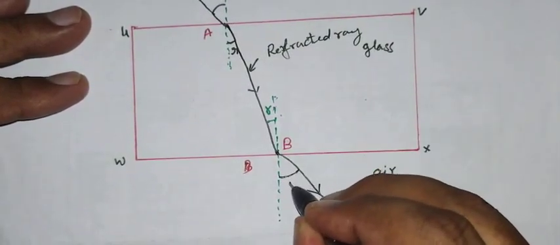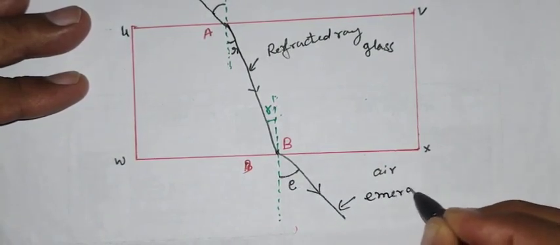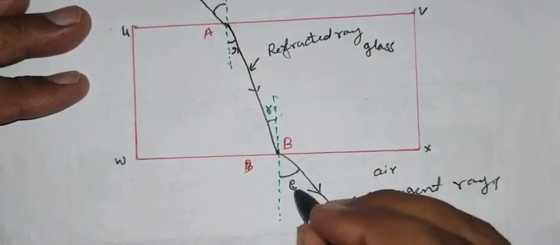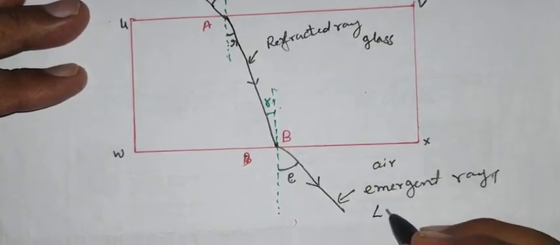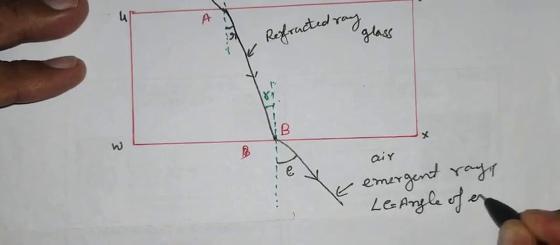Let this angle be E. This is called the emergent ray, and this angle is called the angle of emergence.